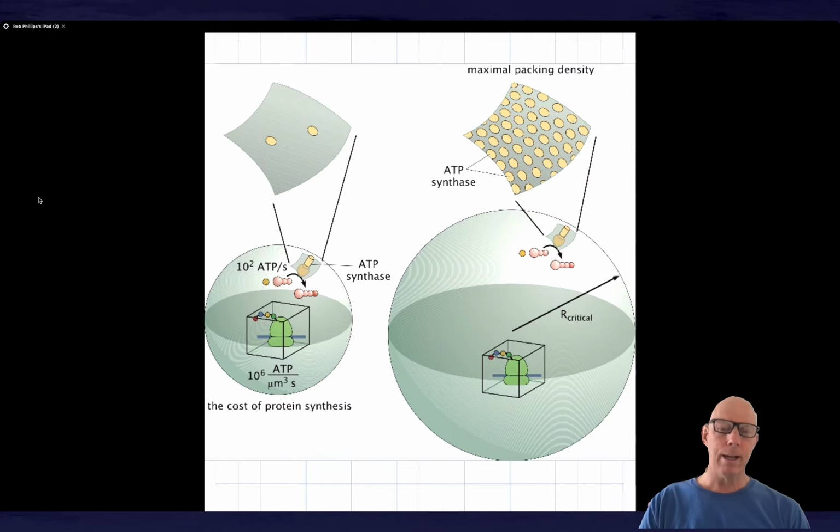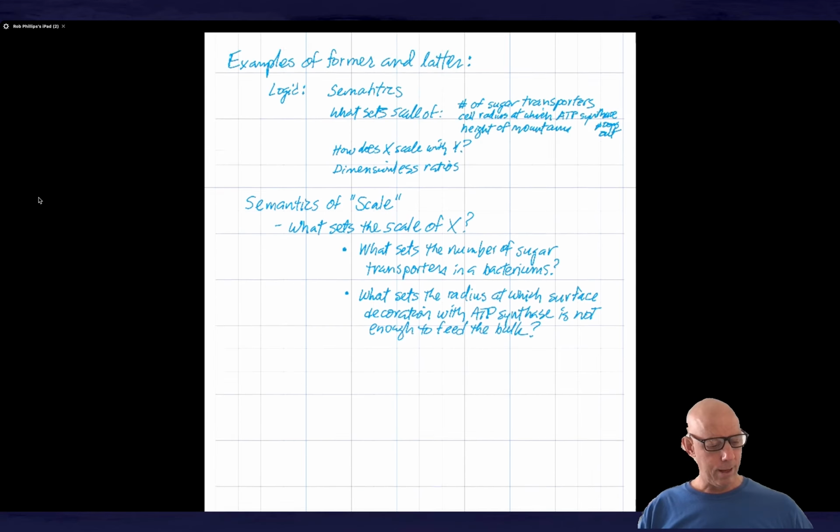One of the most exciting cases will be when we talk about compartmentalization of enzymes, where we'll see this wonderful competition between surface and volume effects, just like we're talking about here. So once the radius gets large enough, then the ATP synthases will entirely decorate the surface, and even then, they will not be able to keep up with the demands of the bulk. And so that was our answer to that question.